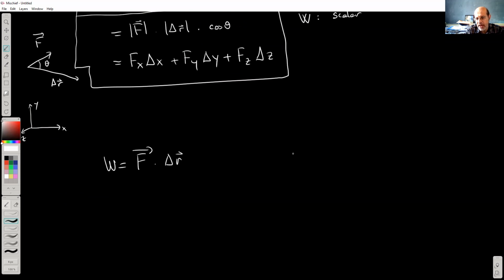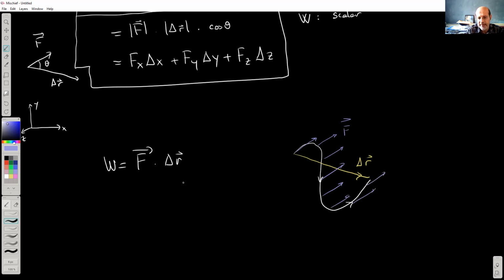But the displacement of the object might be complicated like this. The object might move like that, but in that case, we are going to count this as the displacement here. Let me use a different color for the force now. If the force is constant, so that means it has the same magnitude and direction everywhere on that path, then that's the correct formula.